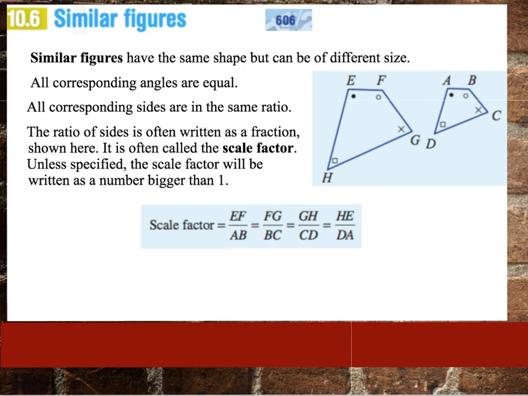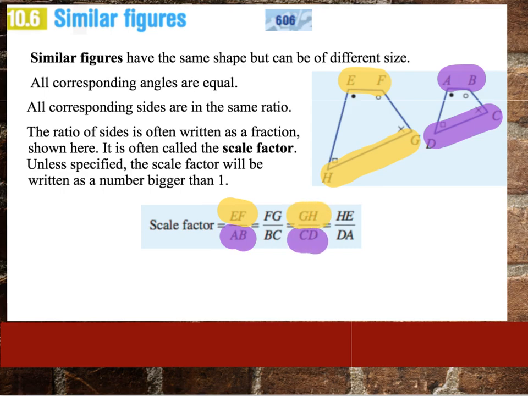So EF over AB, so that we get a fraction that's bigger than 1. And that will be for all cases. It doesn't matter which one I use. If I only use GH, it will be GH over CD. So that's how we will use the scale factor.